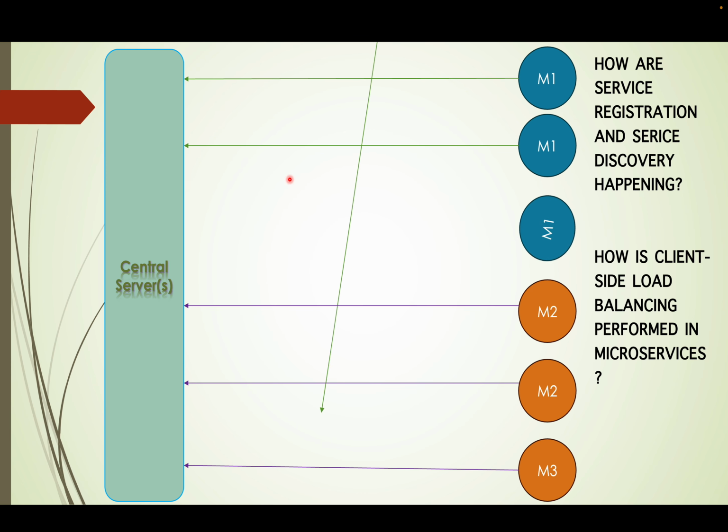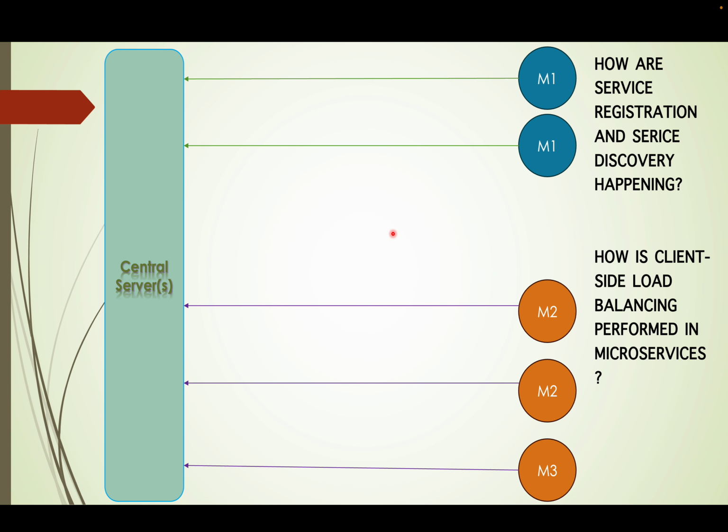So now ideally what will happen? This instance of M1 will deregister itself from the central server when it gets stopped. Whenever any instance of the microservice application is stopped, or becomes unhealthy, or gets terminated for any of these reasons, it should deregister itself from the central server.